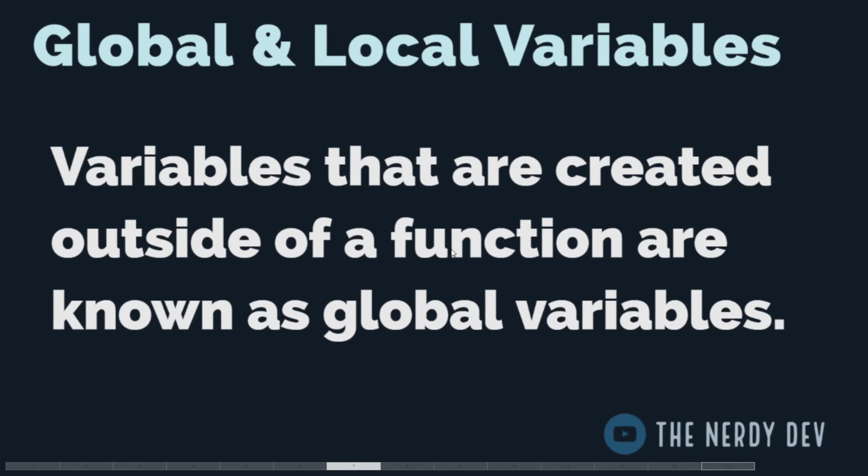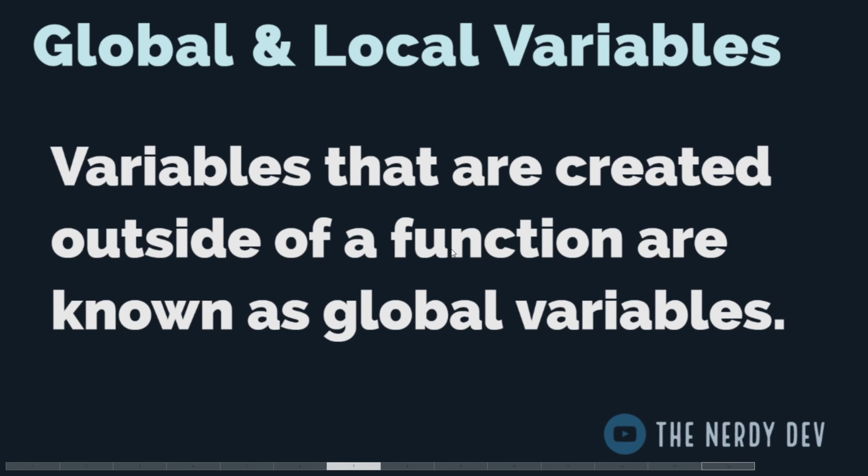Even though we have not seen functions in action, let us see some code to understand what we mean by local and global variables. First a brief theory. Global variables are those variables that are created outside of a function, and they are known as global variables because they sit on the root scope of your file, or in the file scope of your script file in which you are writing the code.